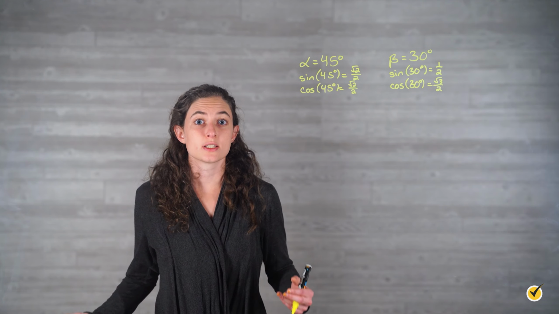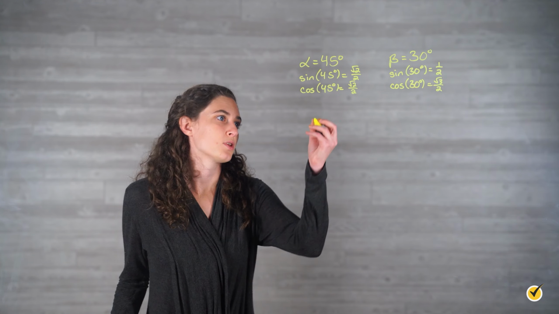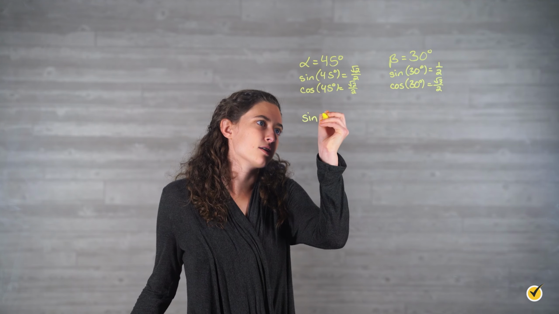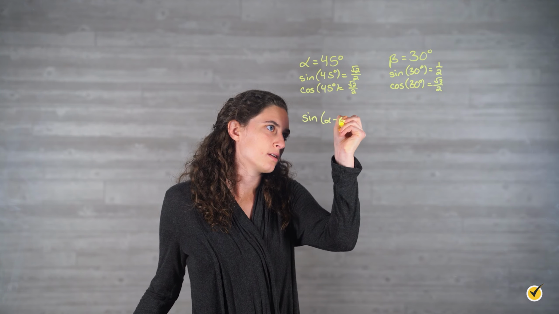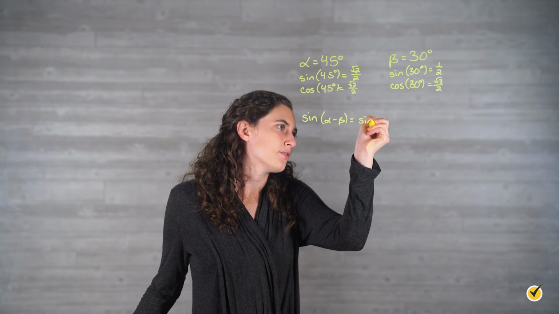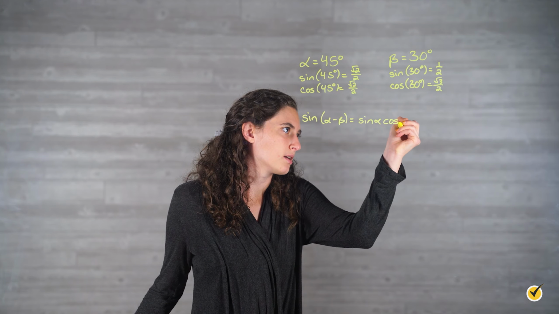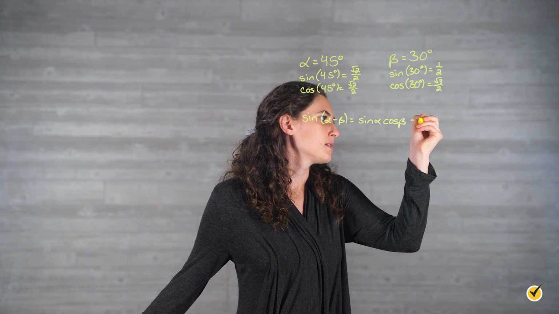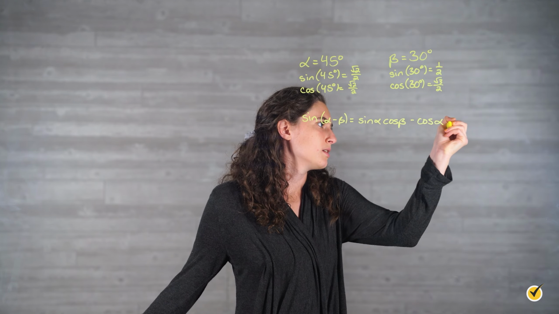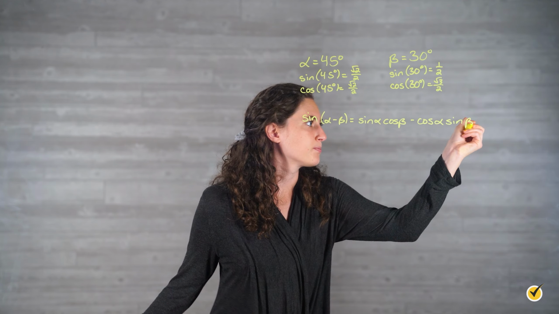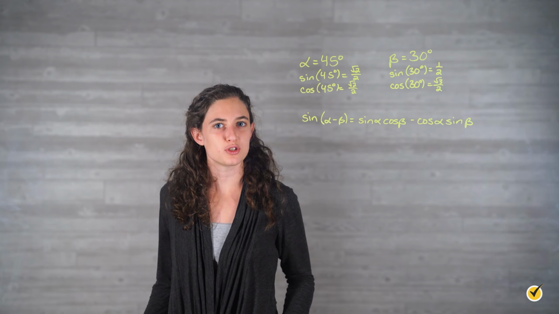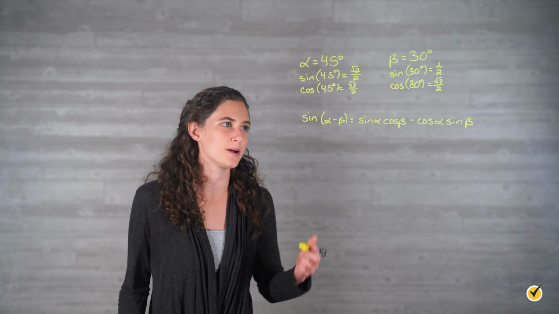Now we're going to write out our sine difference identity. So this says that the sine of alpha minus beta is equal to the sine of alpha times the cosine of beta minus the cosine of alpha times the sine of beta. Then we simply substitute all of the appropriate values into the formula.